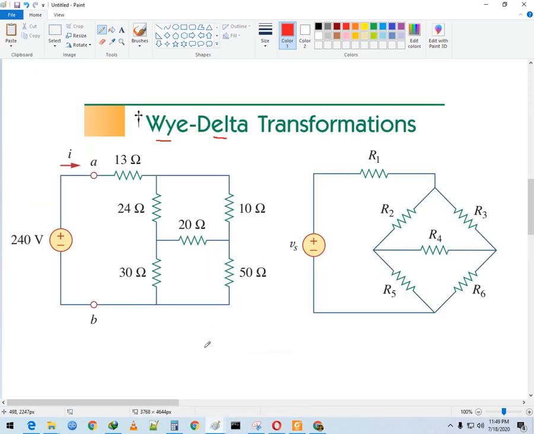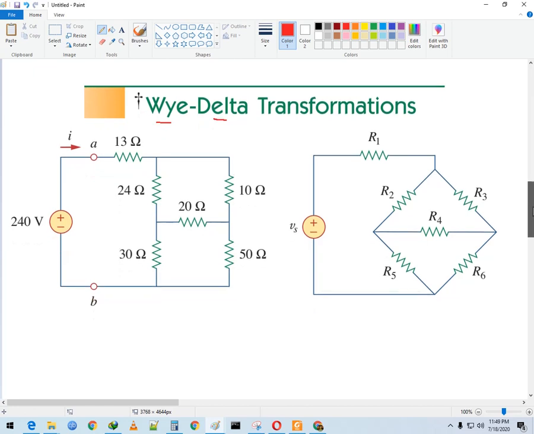Why will this kind of goal be necessary? If you remember the previous example, if we have this kind of circuit, we cannot solve it using traditional approaches. So for example, we have a delta at the bottom part.